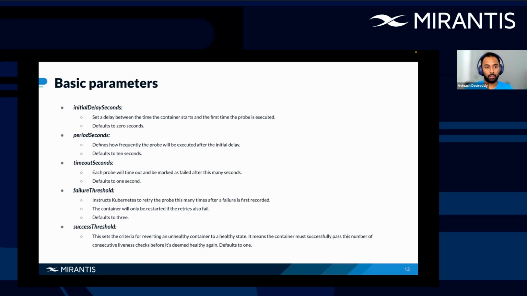Okay, so we looked at the different probe options, and now the different parameters that are available. Let's say we have a probe. We need some delay on how frequently we need to check, similar to how our monitoring tools work, where we capture monitoring data every few seconds, or every 5 minutes, and aggregate it accordingly.